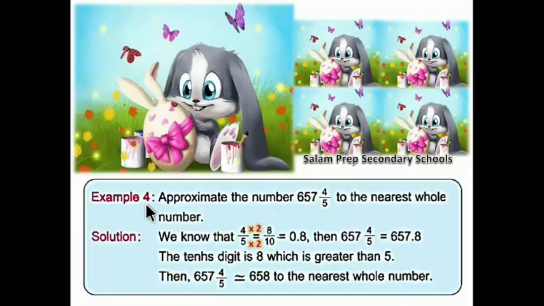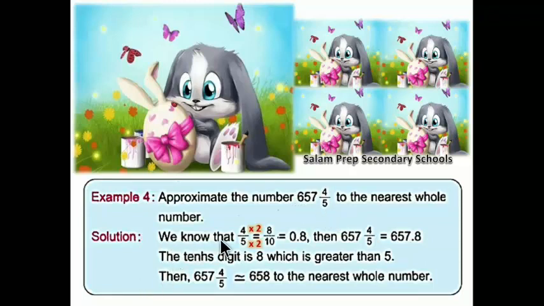Example 4. Approximate the number 657 and 4/5 to the nearest whole number. Please take care. This number is mixed number, whole number, and proper fraction. Okay?